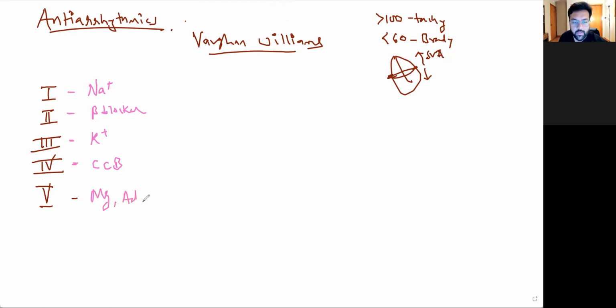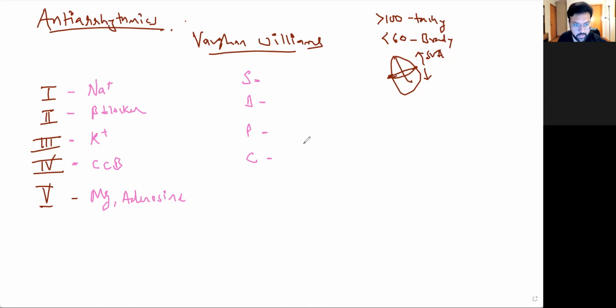So these are the five classes of antiarrhythmics: sodium channel blockers, beta blockers, potassium channel blockers, calcium channel blockers, and the fifth class. You can remember this by the mnemonic: sodium channel blocker, beta blocker, pharm, that's P for potassium channel blocker, and calcium channel blocker.